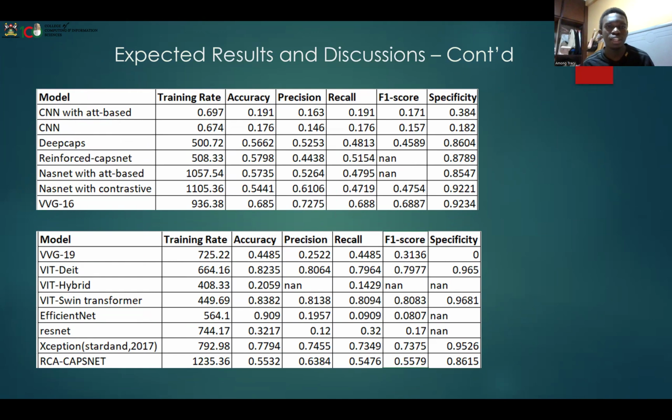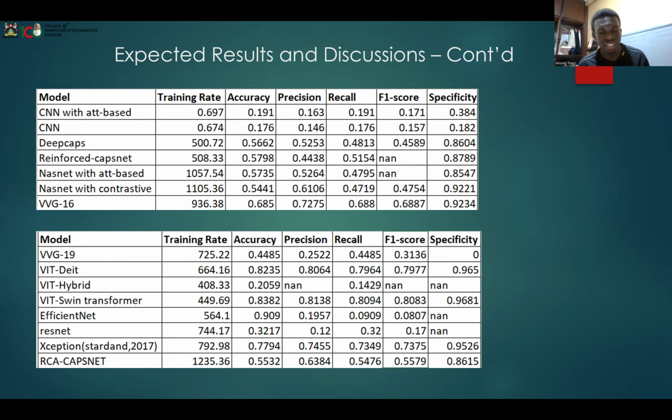So one of the hyperparameters we have was the training rate, then we have the accuracy, how our models perform, we have precision, recall, F1 score, and then the specificity. But in order to get our best model, we have to rely on recall and precision, where precision measures the proportion of the correctly predicted positive instances out of the instances predicted as positive.